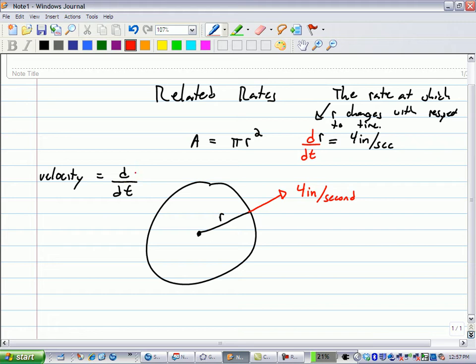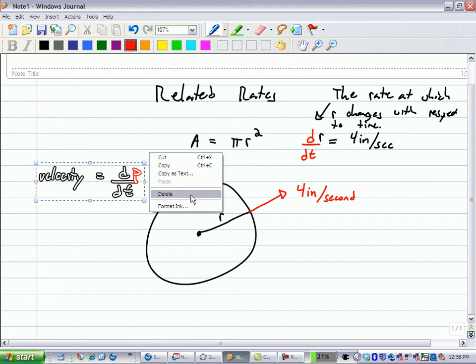Velocity is the change in position. The rate at which position changes with respect to time, we call that velocity. The rate at which velocity changes with respect to time is called acceleration.